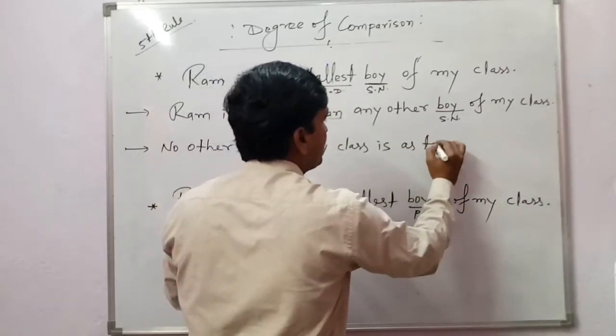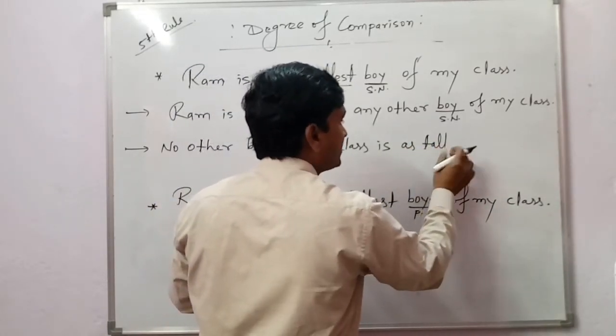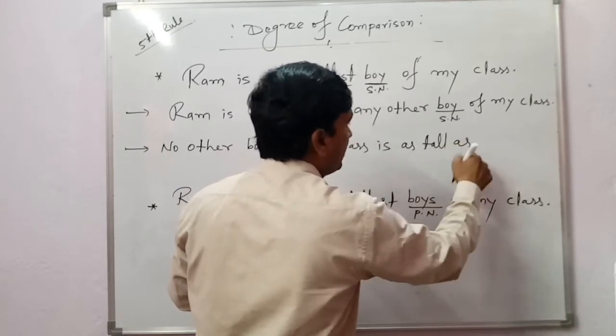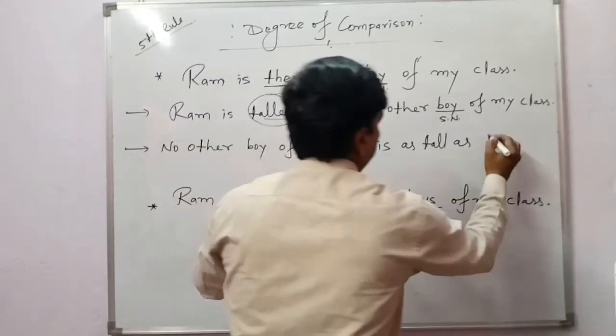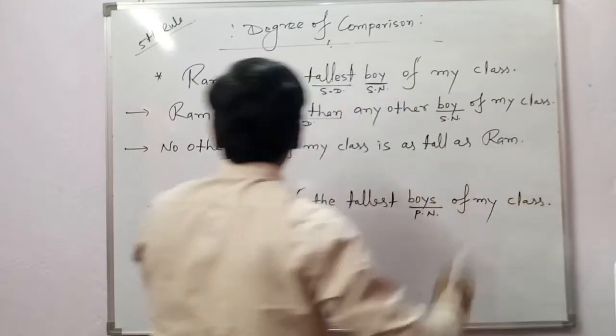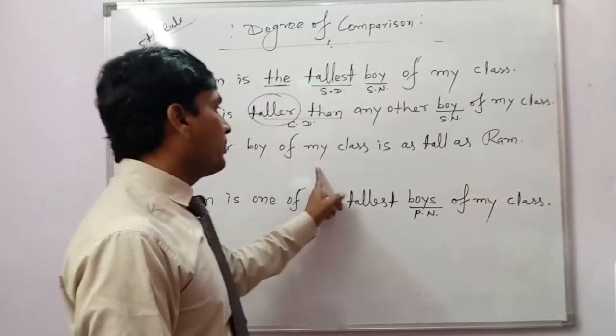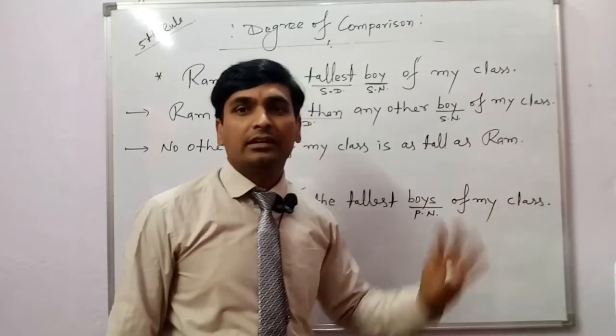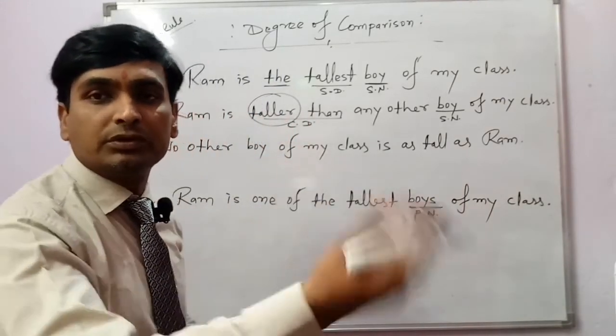So as, and then what? Simple form of the adjective, tall, as tall as Ram, right? So now your sentence is, no other boy of my class is as tall as Ram. This has been changed into positive degree.